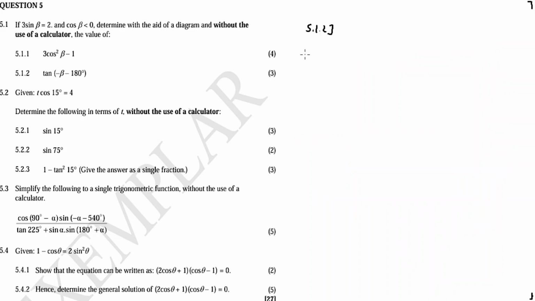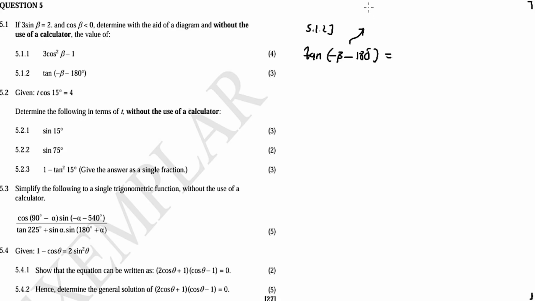All right, next one, 5.1.2: tan of minus beta minus 180 degrees. This is equal to, okay, there are two ways of doing it. You can either apply a sign change rule within the bracket. Remember, this is a reduction formula.